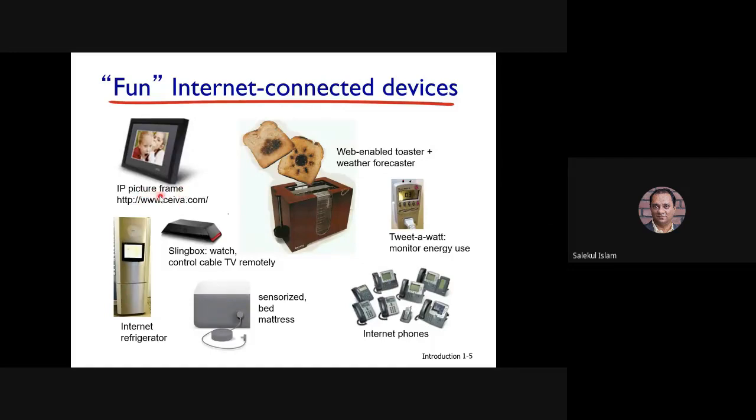I think something like that. ওই যে অনেক সময় ফটো ফ্রেম থাকে, যে একটার পর একটা ছবি আসতে থাকে, সেই জিনিসটা। Or they have given some internet refrigerator and sensorized bed mattress. Maybe এটা টেম্পারেচার বুঝে হট হয়, কোল্ড হয়, সামথিং লাইক দ্যাট। And internet phones, these things are very common.